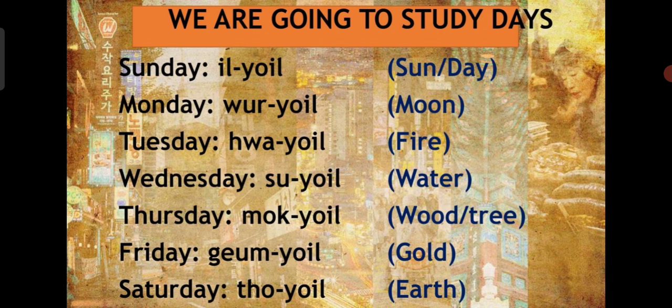So let's study Monday. Monday is Woryoil. Wor is basically moon in Korean, so it comes from moon. Next is Tuesday. Wayoil. And as you can see, Wa is fire in Korean.